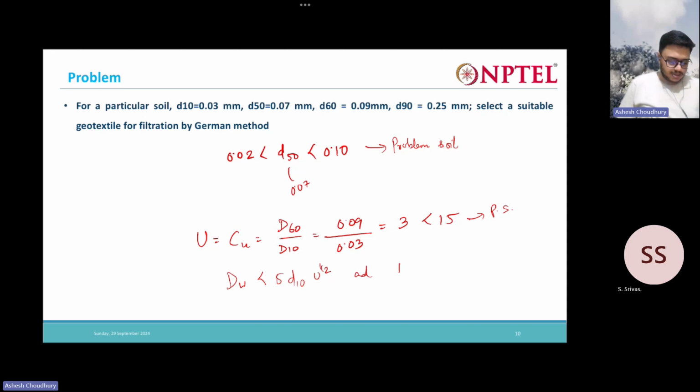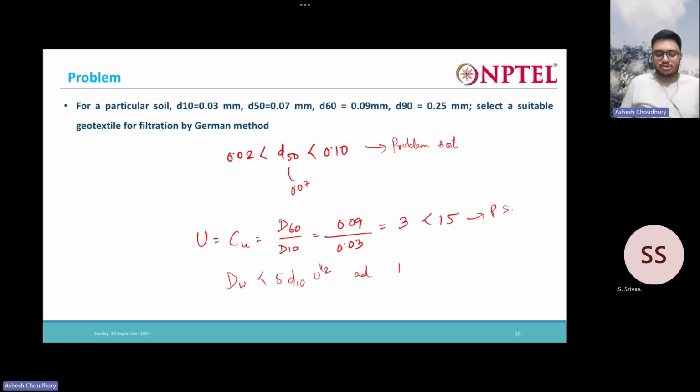So these are the two criteria. dw should be less than 5 into 0.03 into 3 to the power 1 by 2, which is 0.26, and this should be less than 0.25. So our dw should be less than 0.26, as well as less than 0.25.